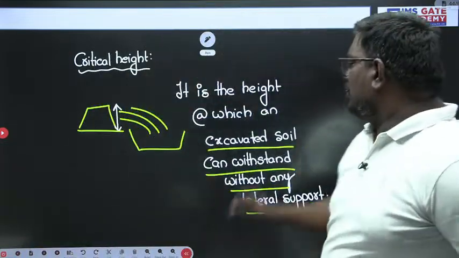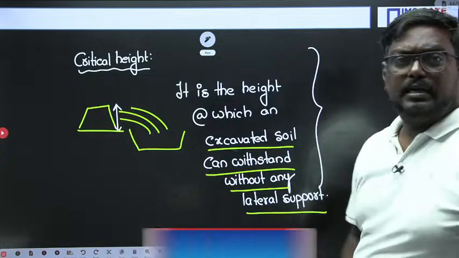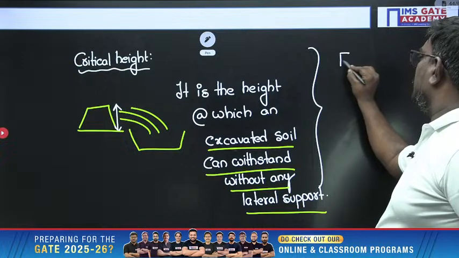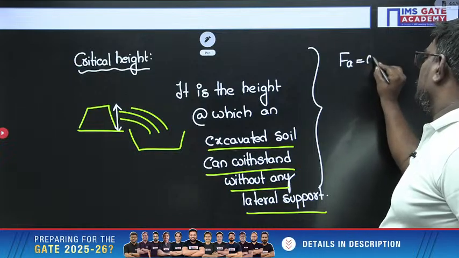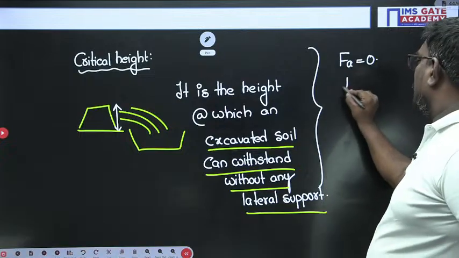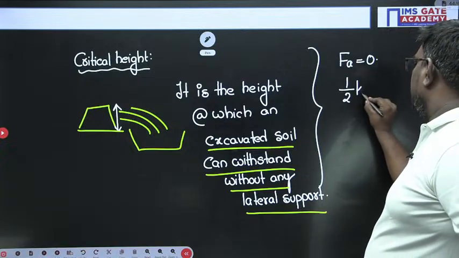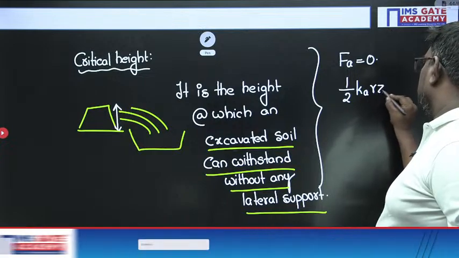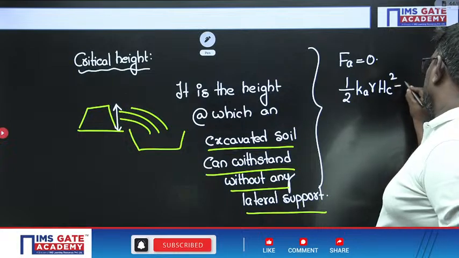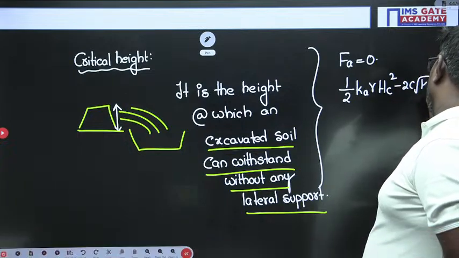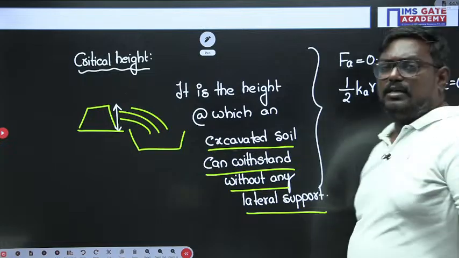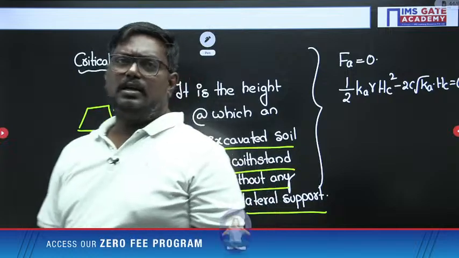In critical height, you can write it is the depth at which active force is 0. So you can write half into Ka into gamma hc square minus 2c root Ka into hc equals 0. Here hc is the critical height.